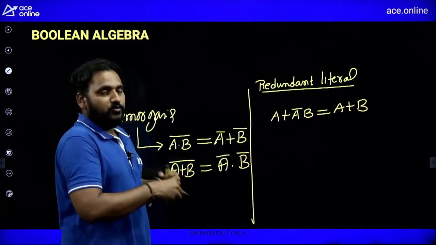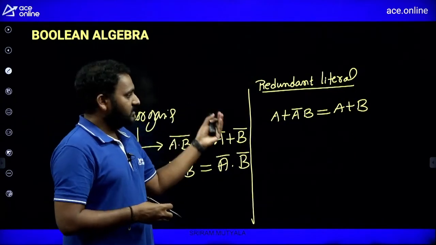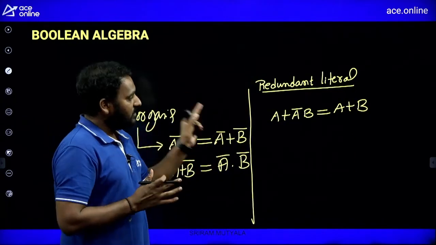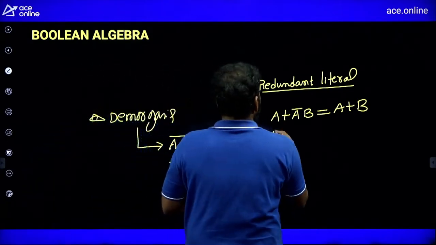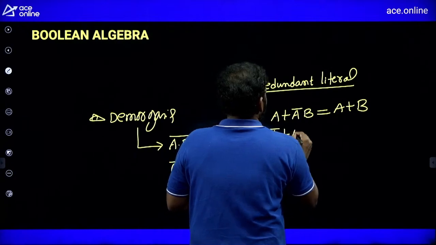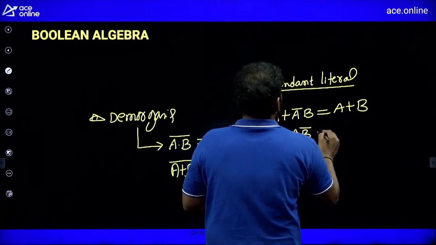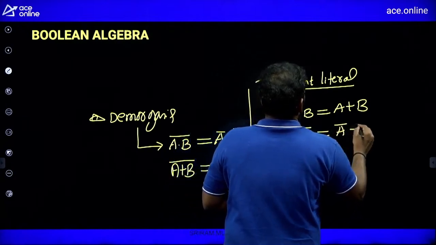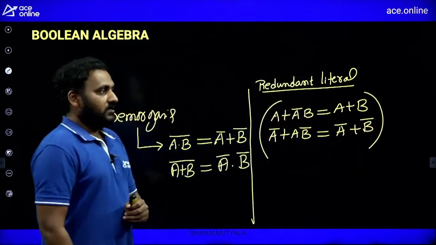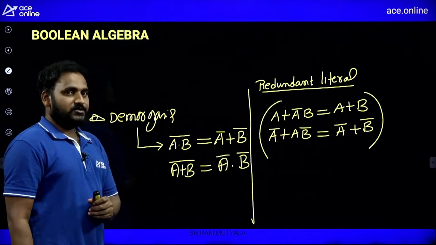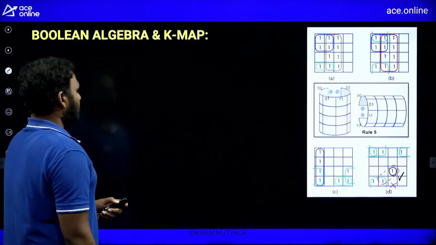I don't know what you guys will do, prepare or practice or read, but compulsorily you have to remember this. Similarly, another form: A bar plus A B bar is equal to A bar plus B bar, right? A bar plus A B bar is equal to A bar plus B bar.